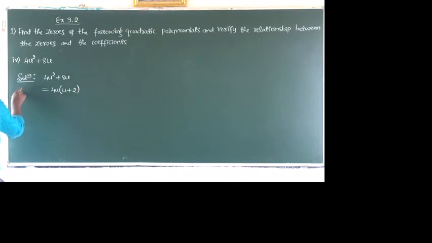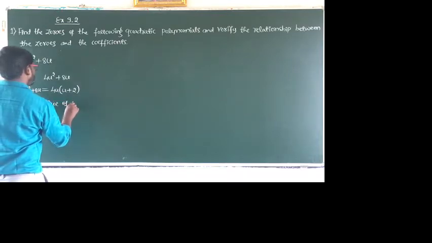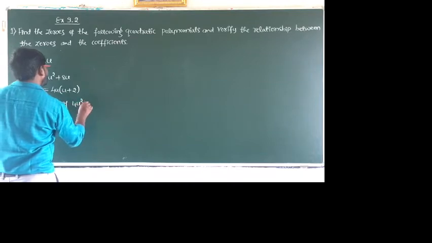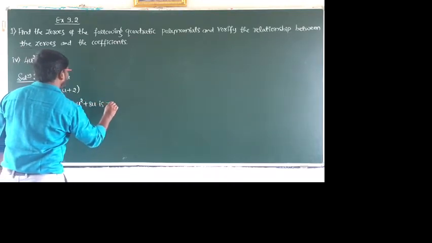So 4u square plus 8u is equal to 4u into u plus 2. So now the value of 4u square plus 8u is 0.